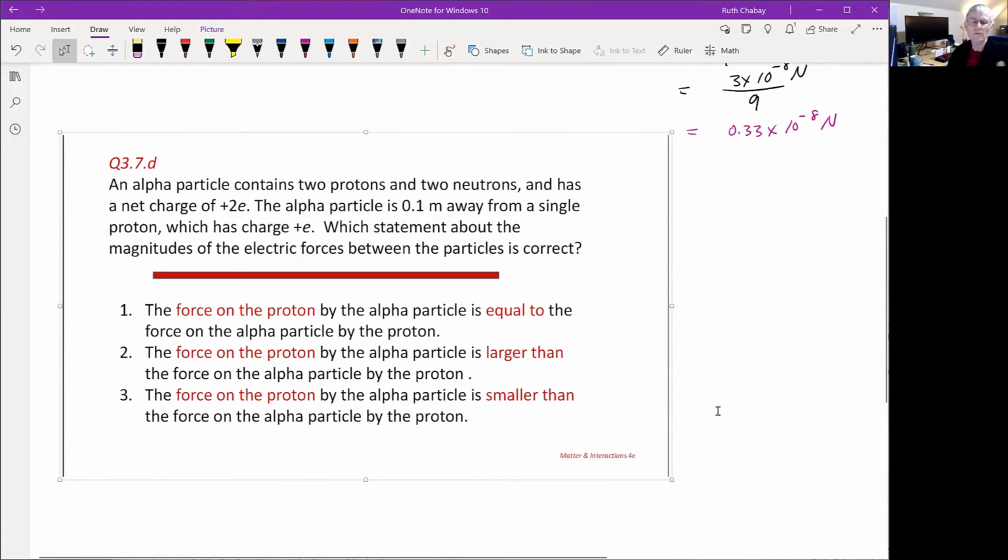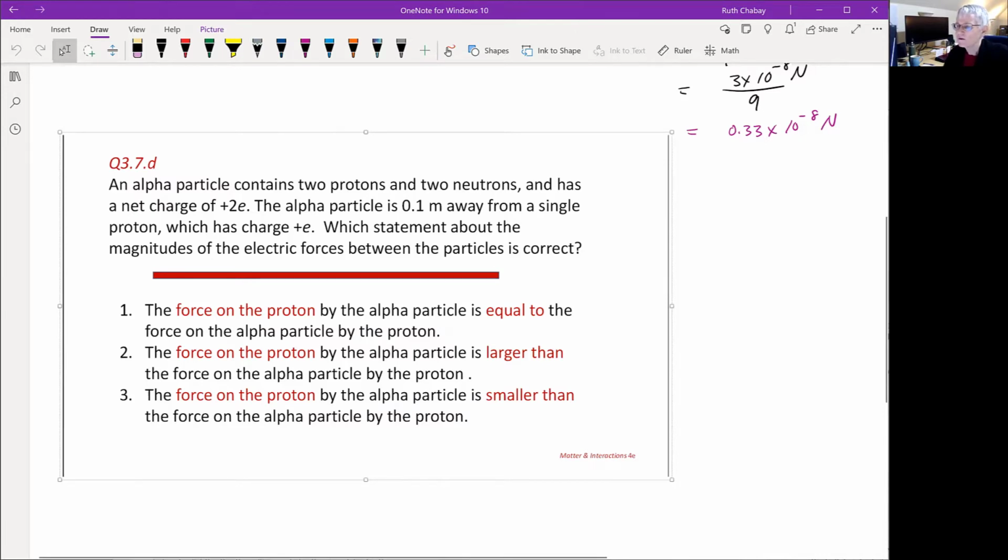Okay, so we have an alpha particle, which, as you know, is 2 protons and 2 neutrons. It's a helium nucleus, right? With no electrons. It has a charge of plus 2e, where e is the charge of 1 proton, 1.6 times 10 to the minus 19 coulombs. And it's a tenth of a meter away from a single proton, which has a charge plus e, so half the charge of the alpha particle.